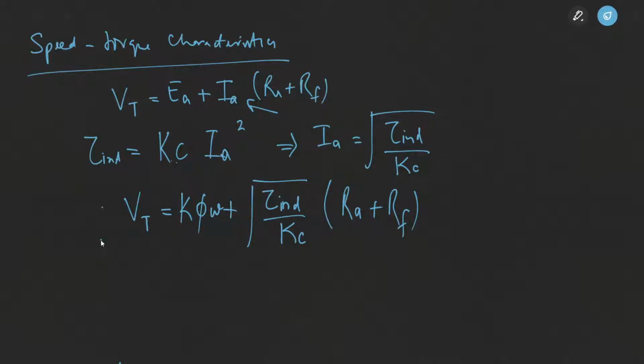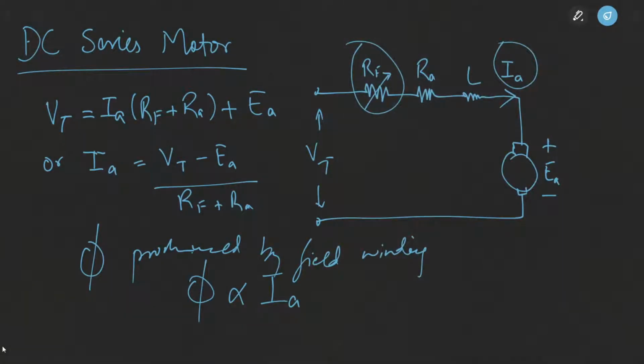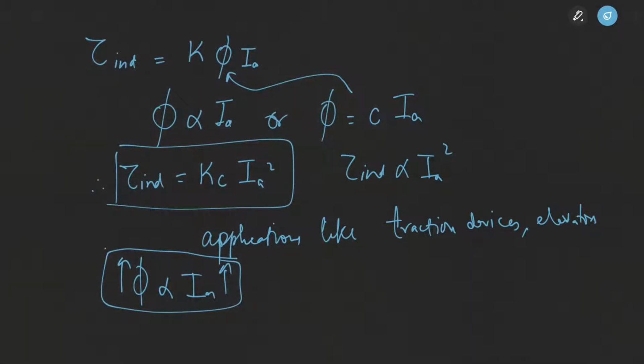We'll try to get rid of phi. Phi is equal to C times Ia. We have already written it here. Phi is equal to C Ia. But what is Ia?